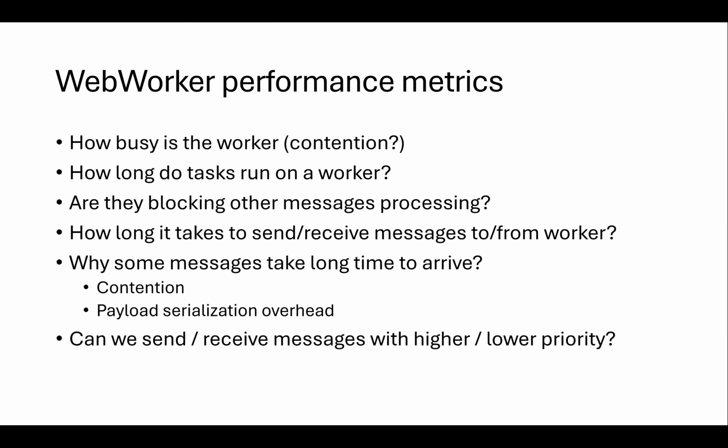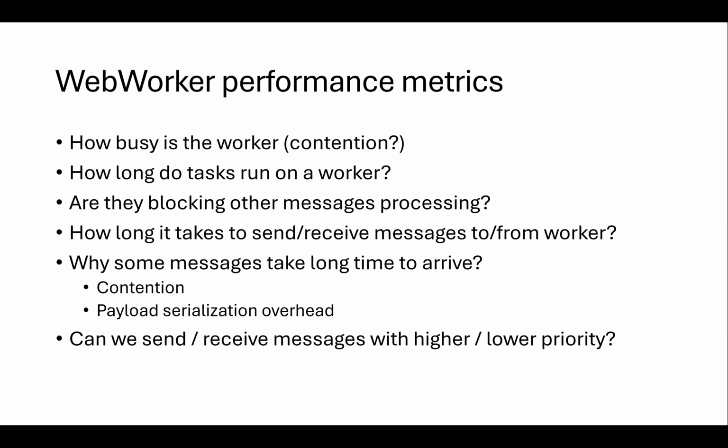And we don't know, maybe it's contention, maybe the tasks on the worker are taking a lot of time. Maybe it's task prioritization, that the task completes, but then it takes time until it gets its turn on the main thread when it returns. We're thinking, if there's a way to send tasks and provide priority, that would also help improve web worker performance.